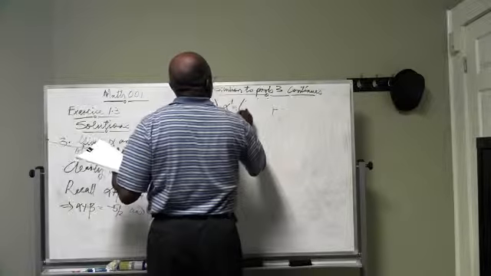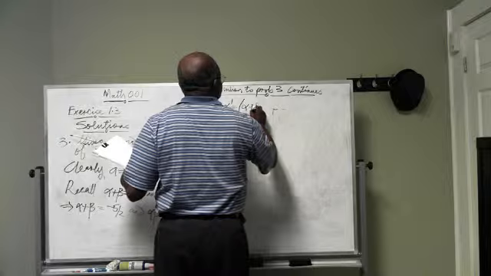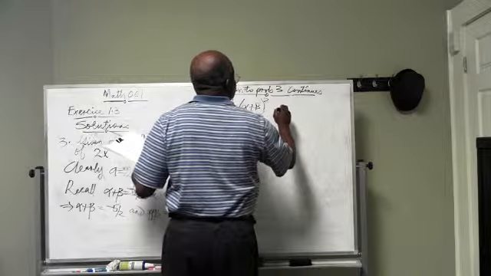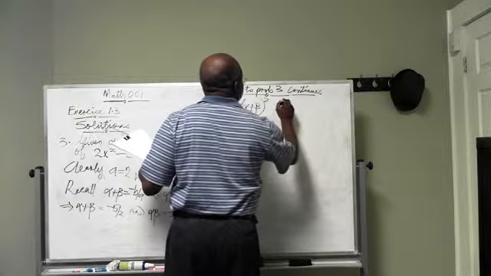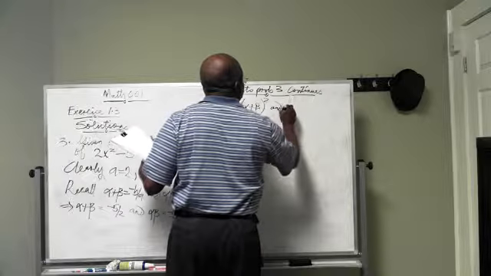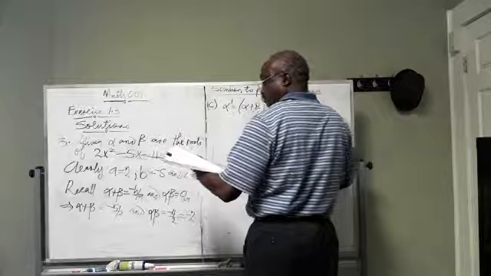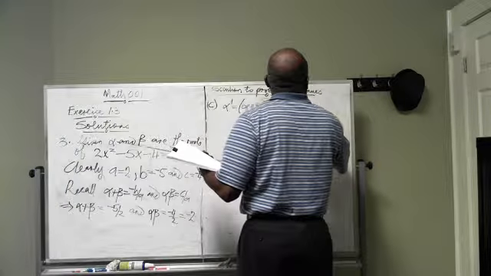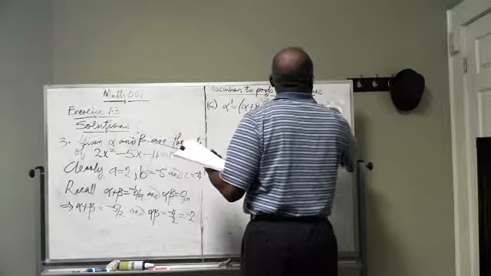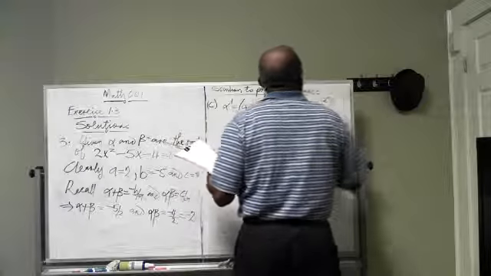Alpha prime equals alpha plus beta all squared and beta prime equals alpha minus beta all squared.